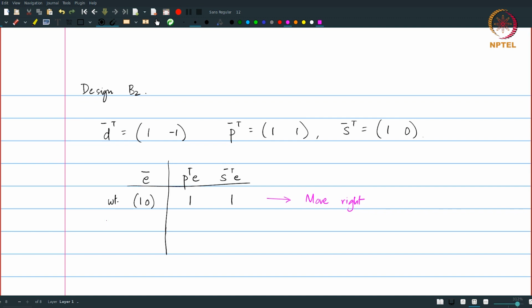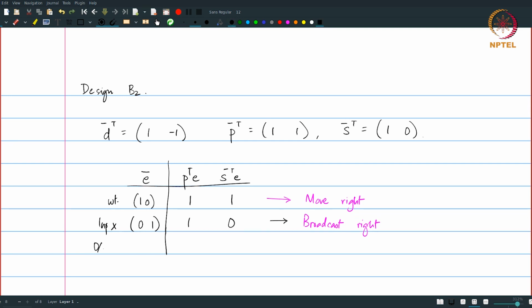What about the inputs, which is the edge 0, 1? This corresponds to a P transpose E of 1 and S transpose E of 0, which basically means it is being broadcast because S transpose E is equal to 0, and to the right because P transpose E is equal to plus 1.